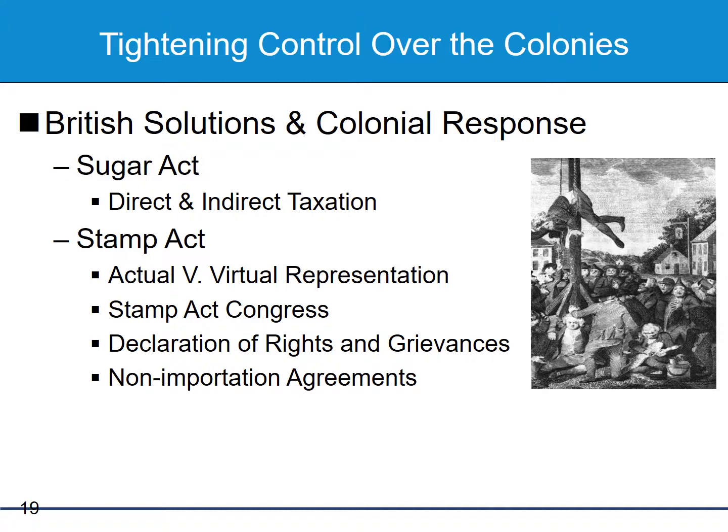The non-importation agreements ultimately caused the Stamp Act to be repealed, because as the colonies refused to buy the items, it started to have a negative impact on British merchants, who had become dependent on the colonies buying their goods. And so then the British merchants put pressure on Parliament, and Parliament eventually repealed the Stamp Act.